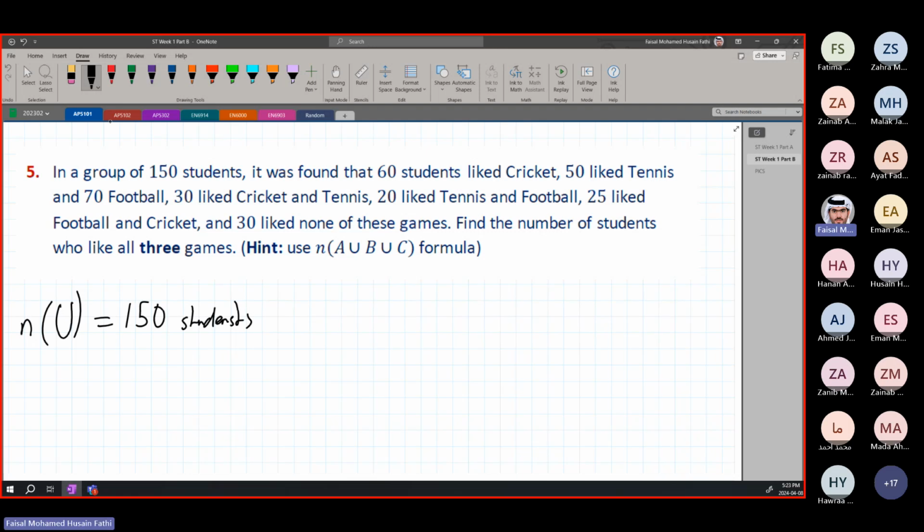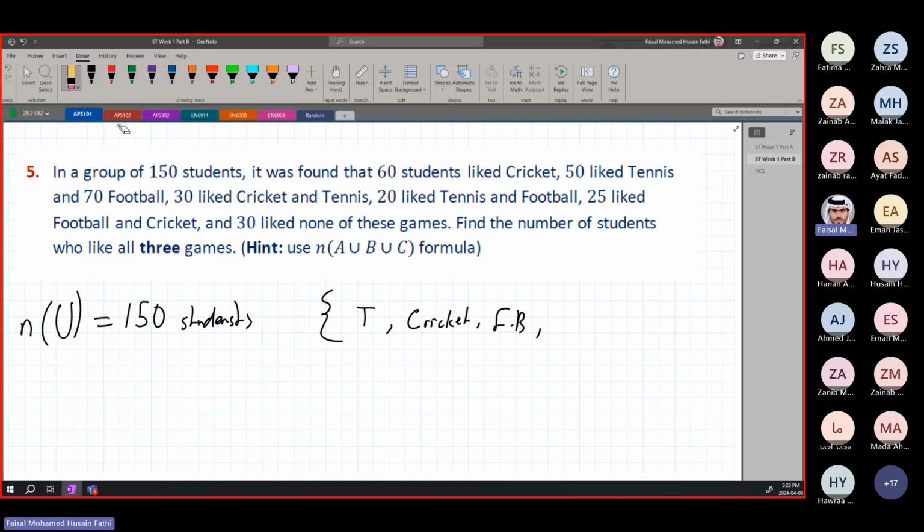And what are the sets? We have tennis, cricket, and football. That's it. We have tennis, cricket, and football.